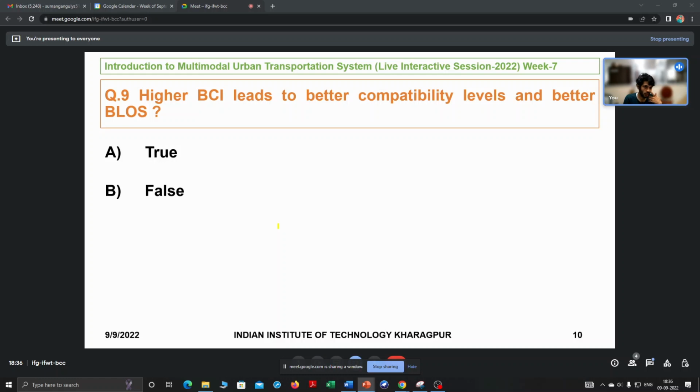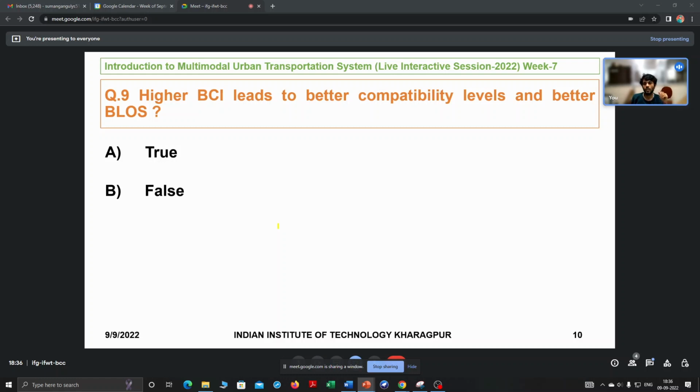Is it going to give you better compatibility levels, and consequently a better LOS score, or bicycle level of service score, or is it the opposite? Is it that a higher BCI leads to good compatibility levels and a good LOS score, or is it the opposite of that?